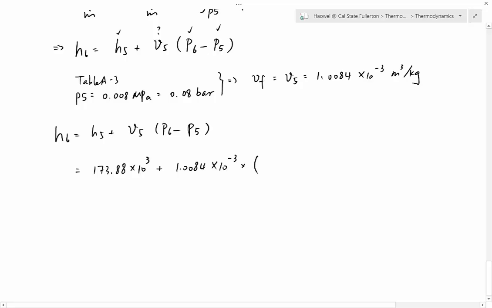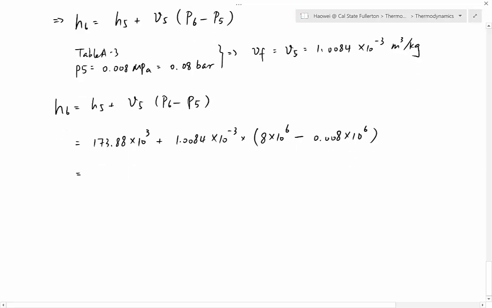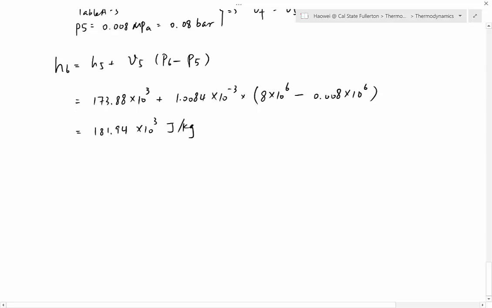P6 is 8 megapascal, so 8 times 10 to the 6 to convert megapascal to pascal, minus 0.008 megapascal. We do the same thing, times 10 to the 6 to convert megapascal to pascal. Now, finally, our solution for H6 is 181.94 times 10 to the third, and it must be SI unit, so it is joule per kilogram. And then we do one more step. It's 181.94 kilojoule per kilogram.